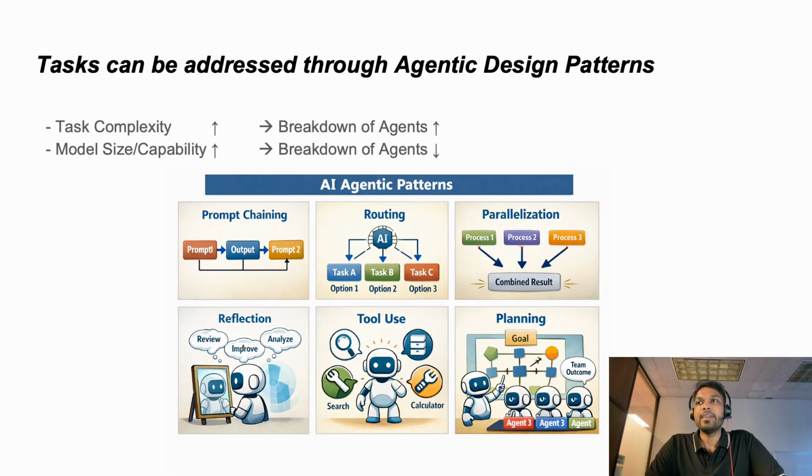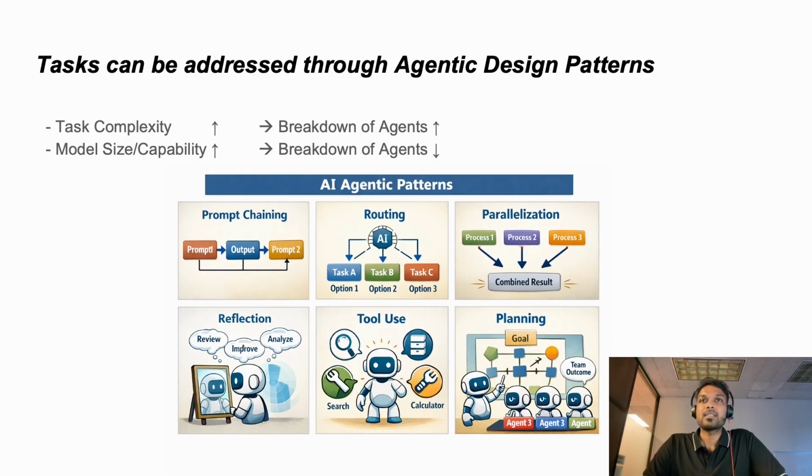For instance, in the chaining or the sequential patterns, we decompose a task into ordered steps where each model feeds into the output of the next. So, for example, writing, editing, and summarizing a blog post would use an agentic pattern like prompt chaining or a sequential pattern.